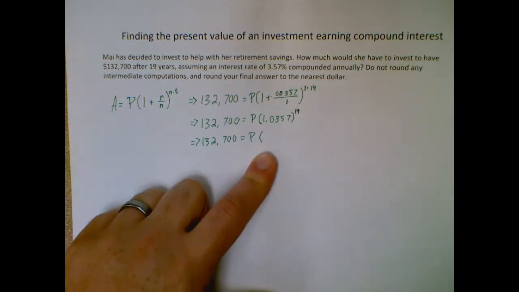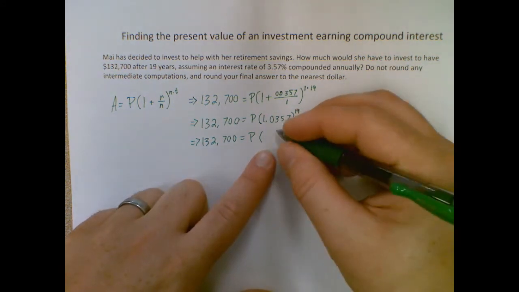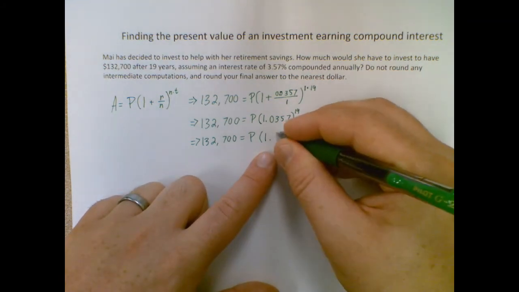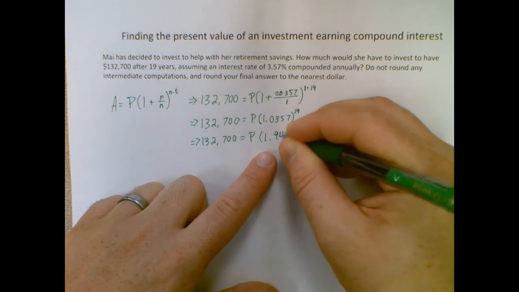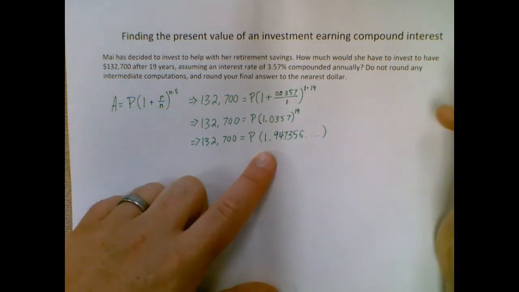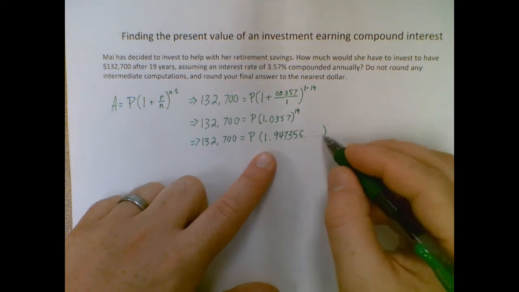So I need 1.0357 raised to the 19th power, and it's a very long decimal. It's going to run off your calculator. Just don't hit clear. So it's approximately 1.947356 stuff. Okay, you're not allowed to round this.